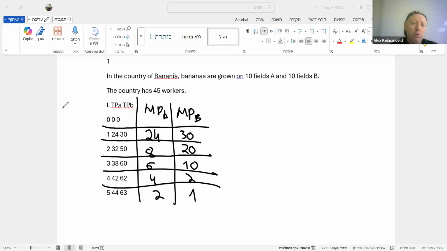So the first 10 goes to field B because it has the biggest marginal product, from 1 to 10. After that, we go to field B from 11 to 20. After that, field B from 21 to 30.